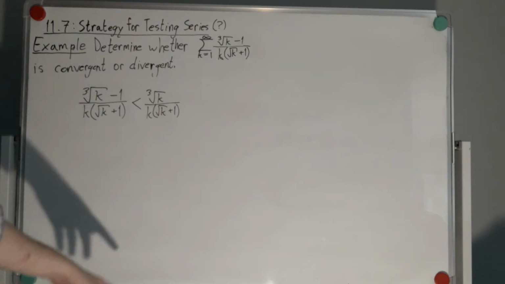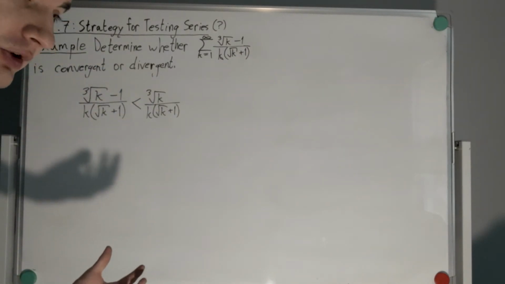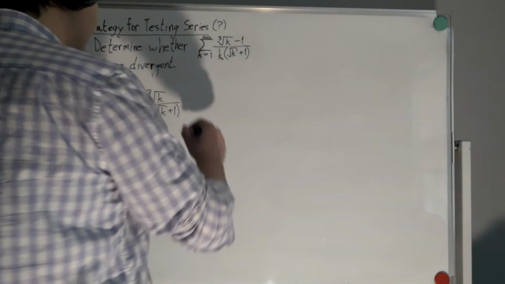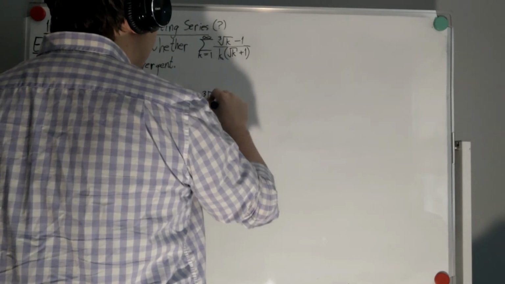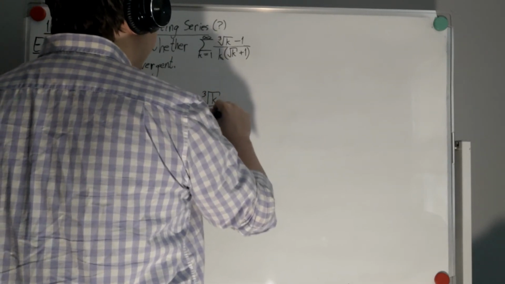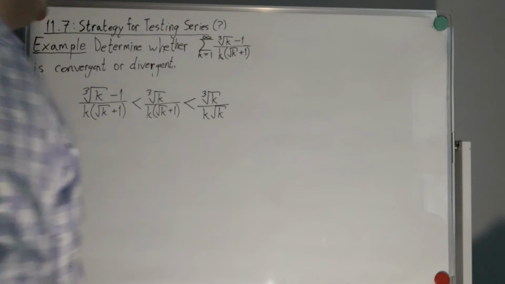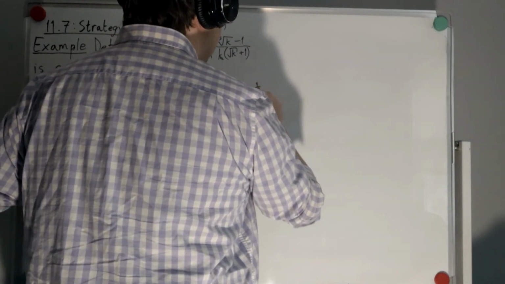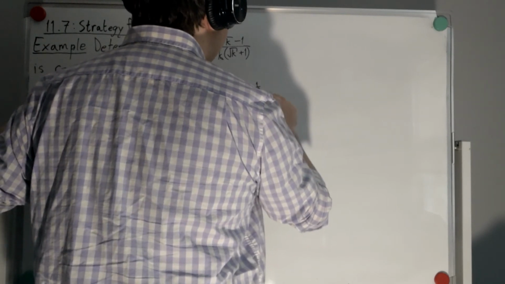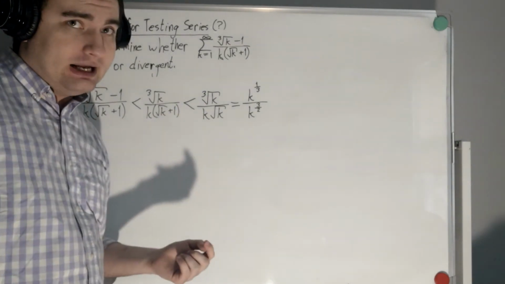All right, now, if you delete this 1 in the denominator, then you're making the denominator smaller, which would make the fraction larger. So this is actually smaller than the cube root of k divided by k times the square root of k. Now, this can be rewritten as k to the 1/3 divided by k to the 3/2, right? Because we have k to the 1 times k to the 1/2.